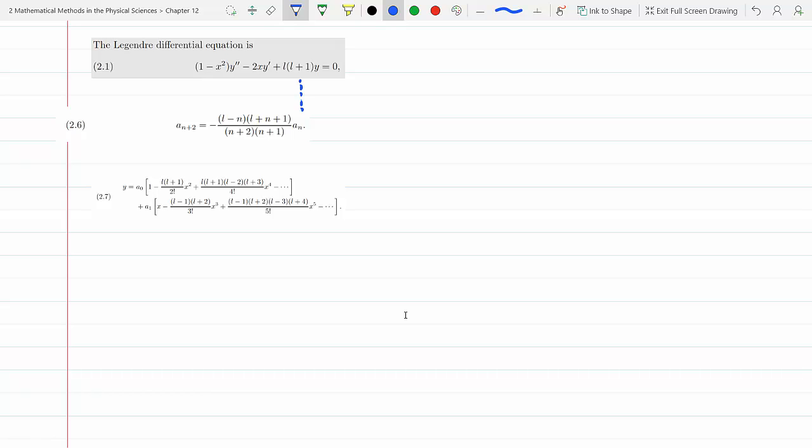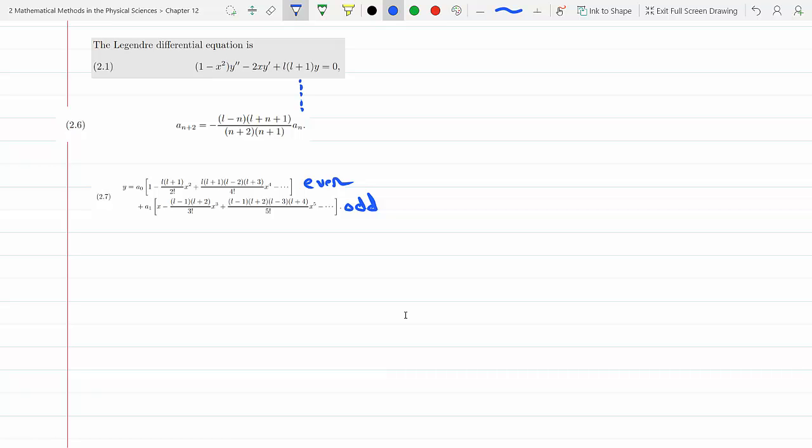Okay, now you take this and you plug it back into the original assumed differential equation, and you get the solution for the differential equation, which is made up of two different series. The first part has the x^4, x^6, etc., and their coefficients, and the odd polynomials, x, x cubed, x^5, x^7, etc., with their coefficients.